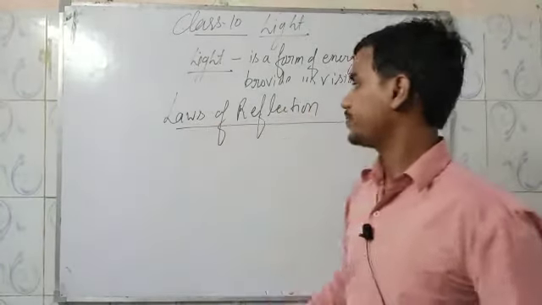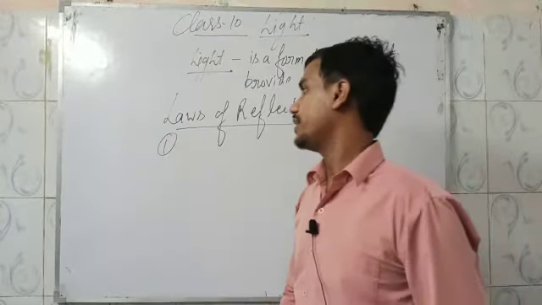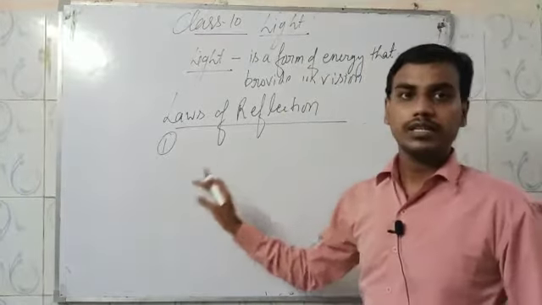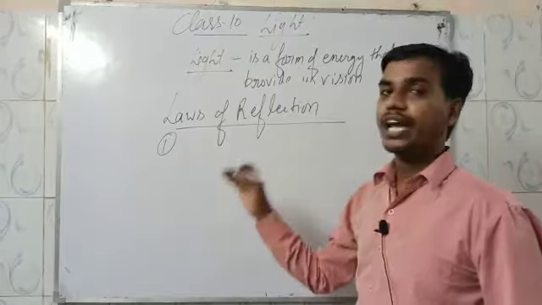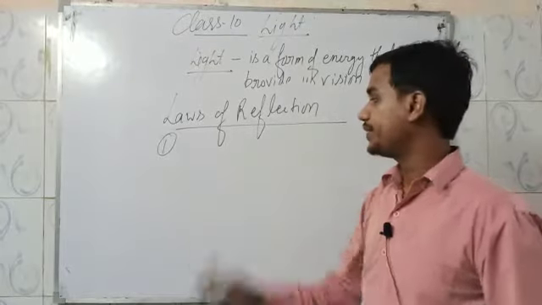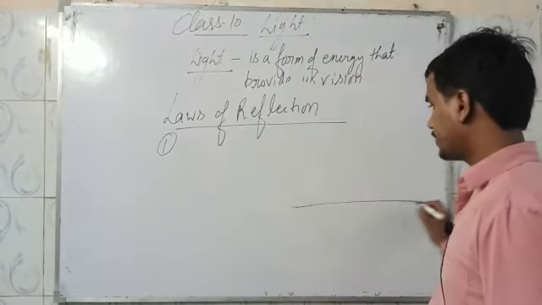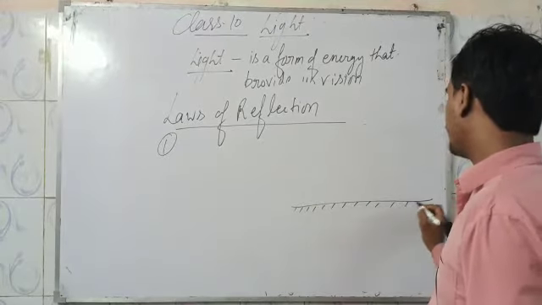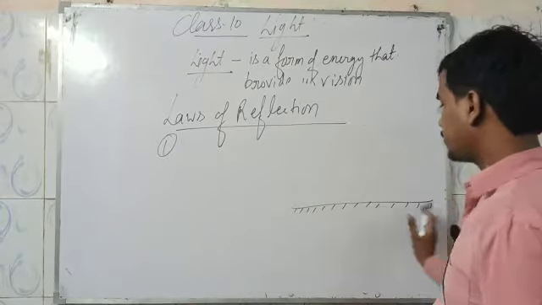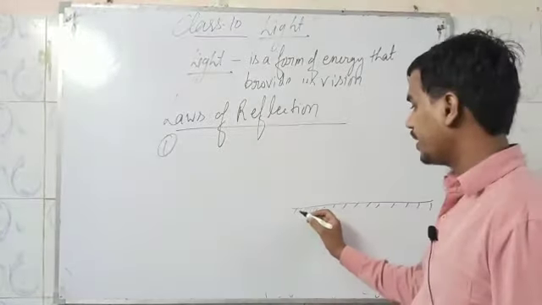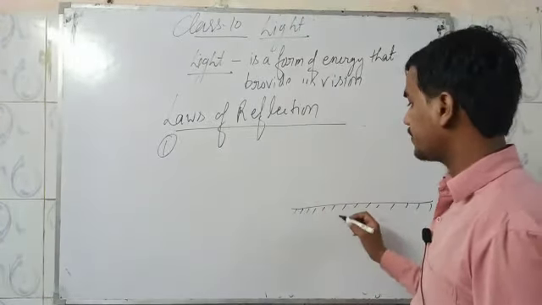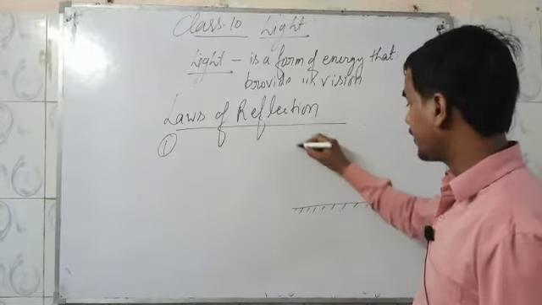Laws of reflection. There are 2 points. The incident ray, reflected ray and the normal at the point must lie on the same plane. What this diagram shows is a mirror, and these small lines show the reflecting or polished surface of the mirror.